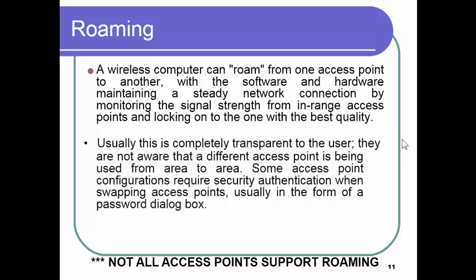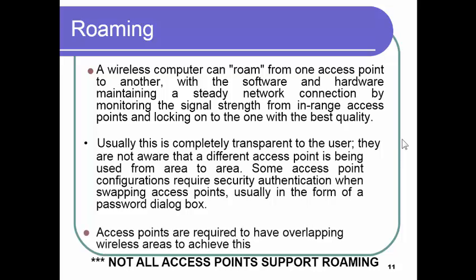Some access point configurations require security authentication when swapping access points, usually in the form of a password dialog box. That means if the mobile stations are changing locations and two networks are password protected, at that time the settings related to the ID and password need to be considered.